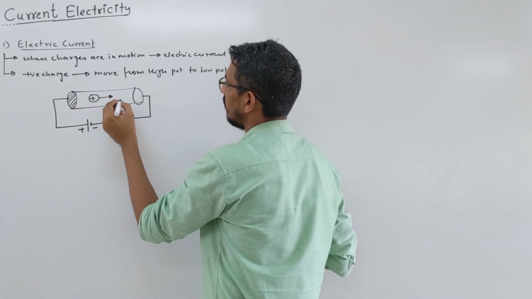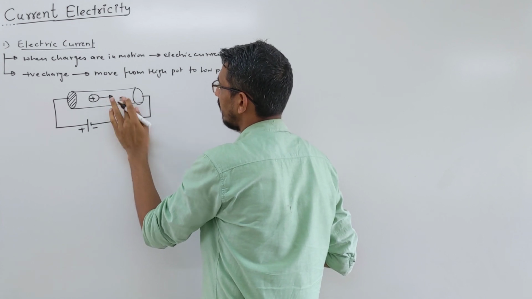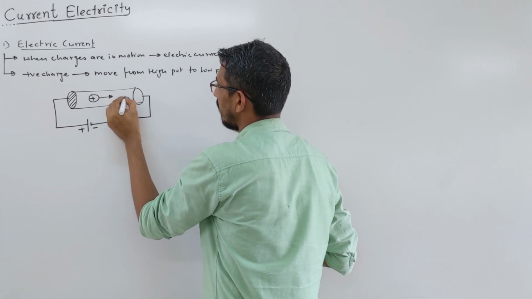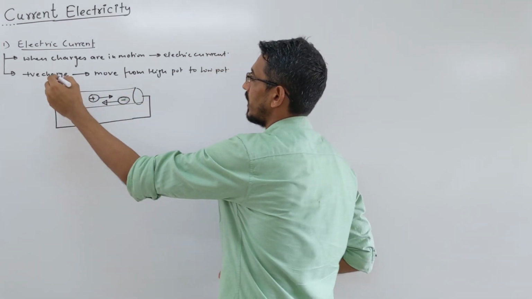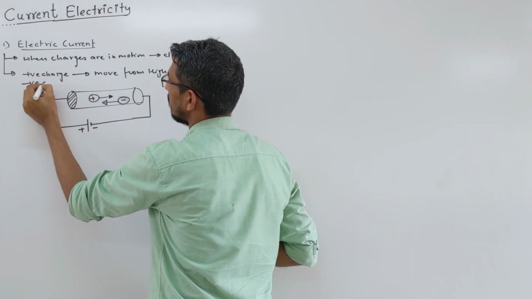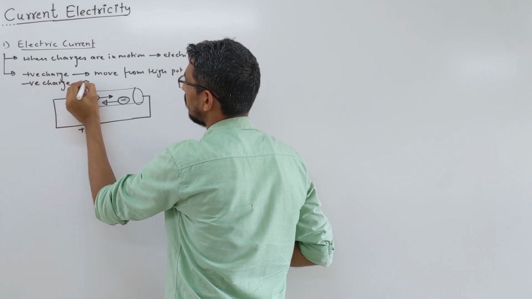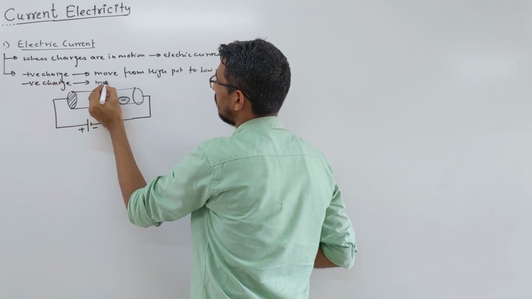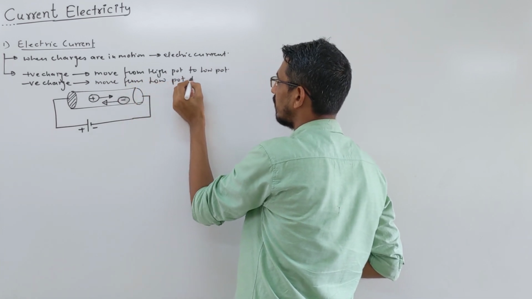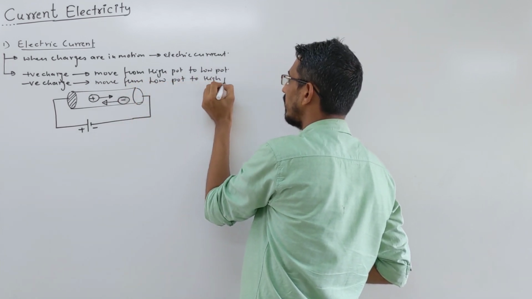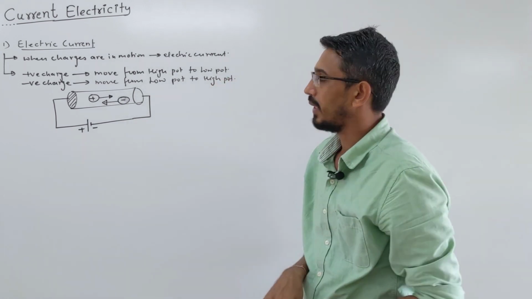But if you have electrons, means negative charges, let me represent by a minus sign, then they will move in the opposite direction, like that way. Suppose you want to write a negative charge, like electron, how does it move? It moves from low potential to high potential.